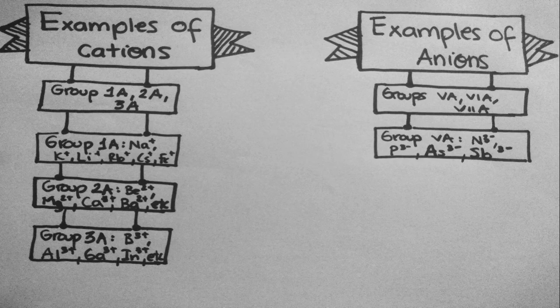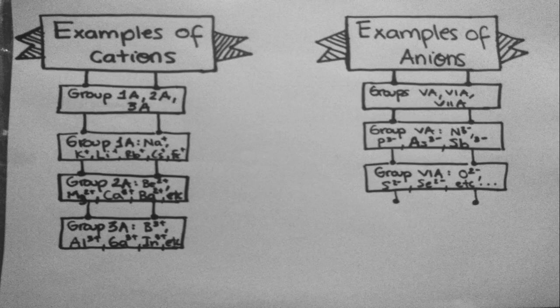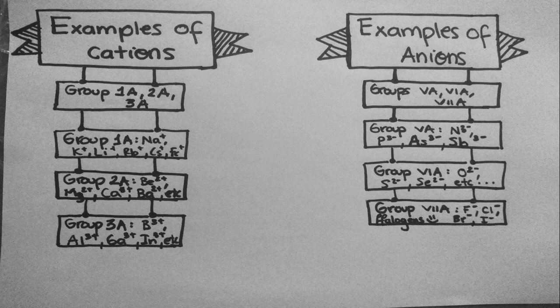All of these have a charge of 3 negative. The elements in group 6A, such as oxygen, sulfur, selenium, among others, all have a charge of 2 negative. And finally, the elements found in group 7A, which are also called halogens, all of these have a charge of negative 1. Some examples are fluorine, chlorine, bromine, and iodine.